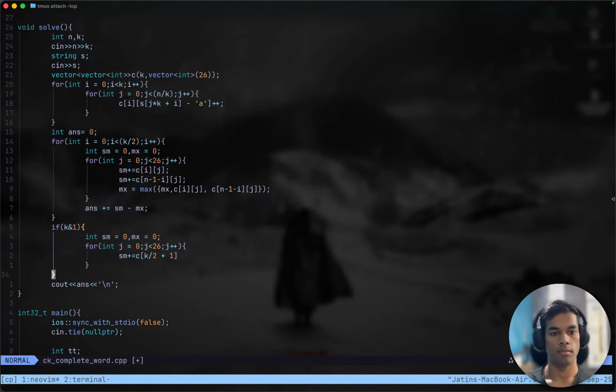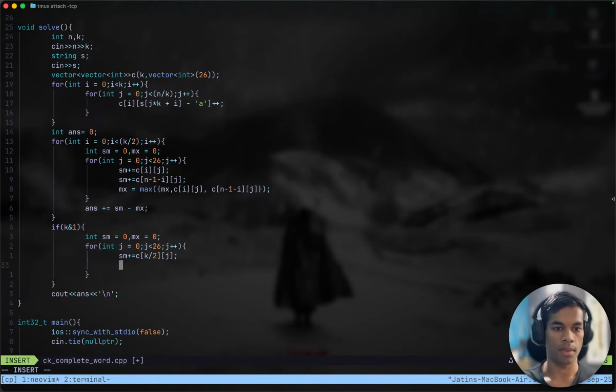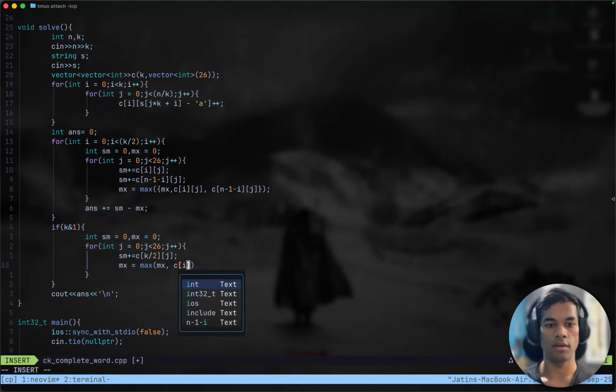Okay, now this thing makes sense. And k by 2, yes. If k is 3, I want to get to index 1. If k is 5, I want to get to index 2, 0, 1, 2 is in the middle, and we will go to 2. Okay, makes sense. It's j, take its j, and mx equals maximum of mx, or c k by 2 j.